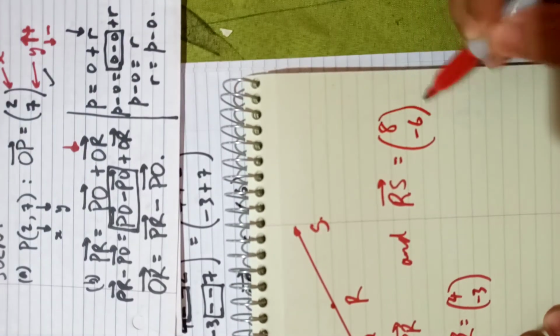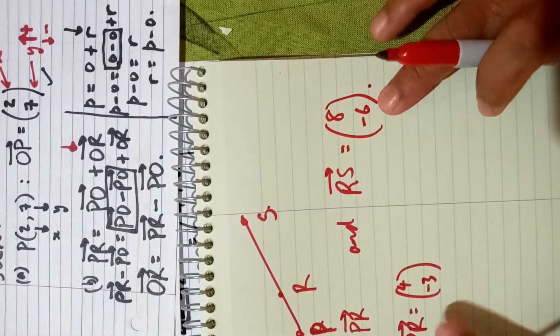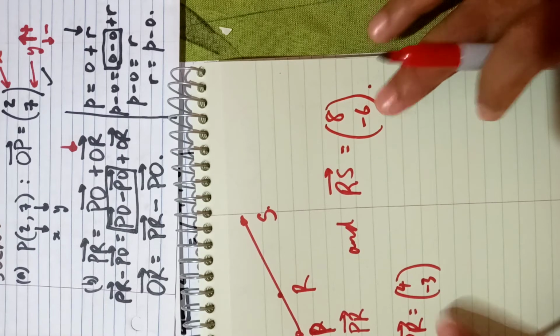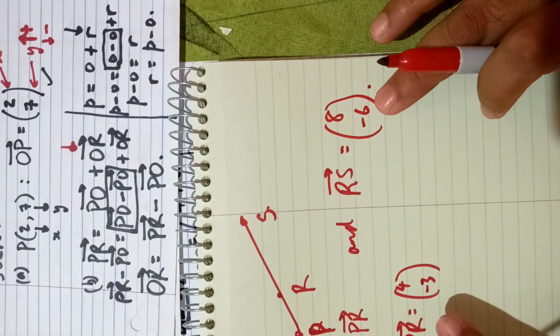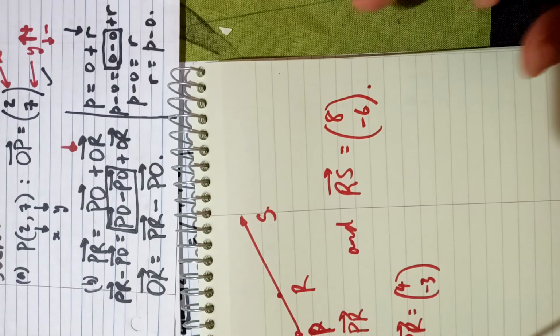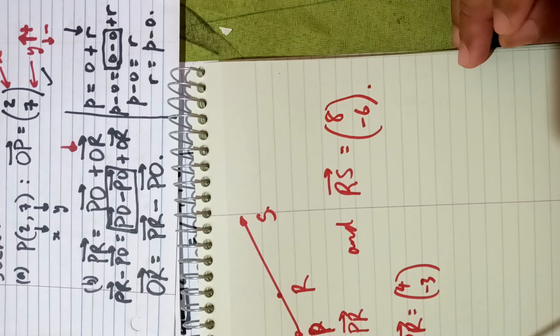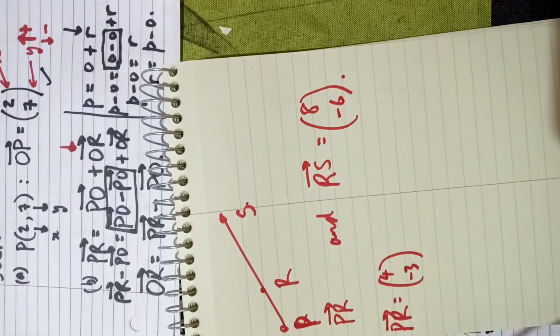Alright. So what we need to do, guys, is to prove that these two vectors are parallel. If these two vectors are parallel, it means that they're also collinear. Question number 1. How do we prove that vectors are parallel? 2 methods. We can either find their gradients or we can find a scalar multiple of the other vector. If we find the gradients, and they both have the same gradient, then the two vectors are parallel.